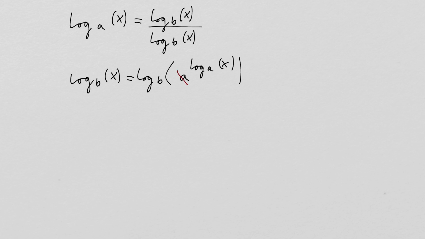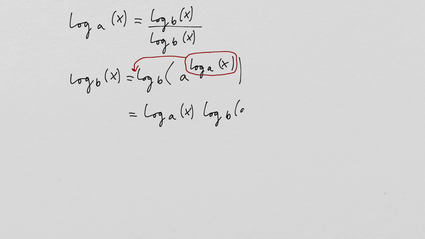Here the a and the logarithm would cancel out, so everything is fine. We can now take the power and take it out from the logarithm, to get something like this. And now we can divide by this number.